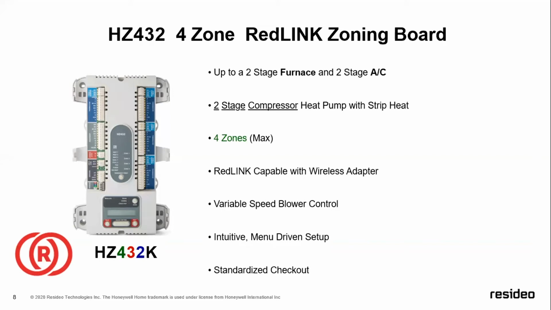We can do a 2-stage furnace, and we can do a 2-stage air conditioner, but this is the panel that you absolutely, unequivocally must select if you have a 2-stage heat pump compressor. Because I need for you to think about the fact that you've got 2 stages of compressor heat and the auxiliary heat. So essentially, you've got 3 stages of heat capability along with the 2-stage cooling capability.